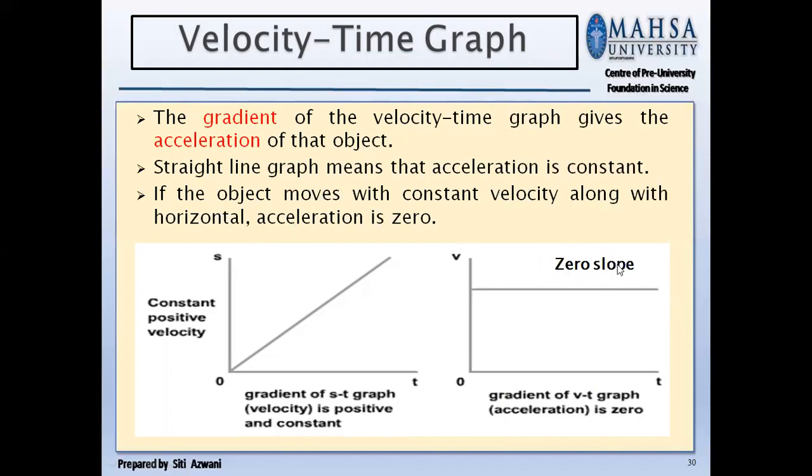Example here, when you have no changes in v versus t, you have a straight line graph, meaning the acceleration is constant. With constant velocity along the horizontal, there is no gradient, zero slope, so acceleration is equal to 0.